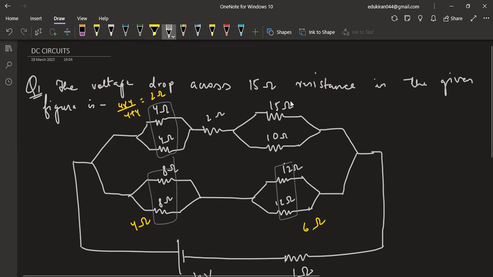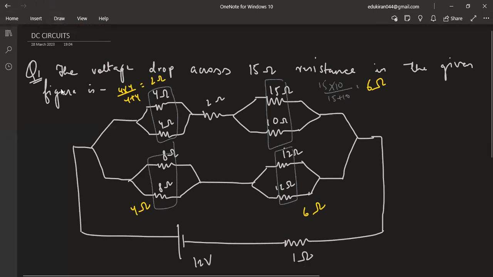And when this is resolved, 15 into 10 by 15 plus 10, so this is going to be 6 ohms, right? 6 per 10. Yes, this is going to be 6 ohms.